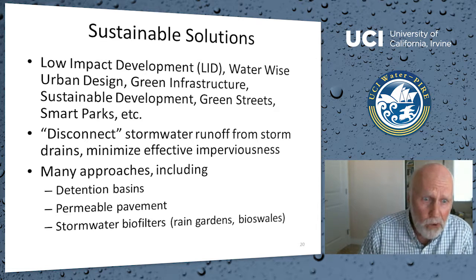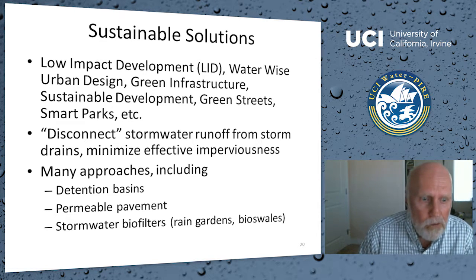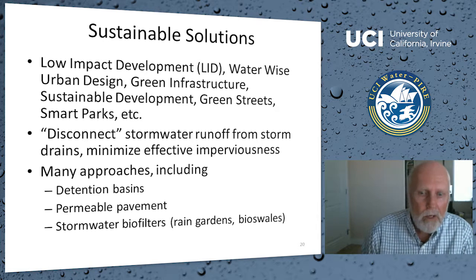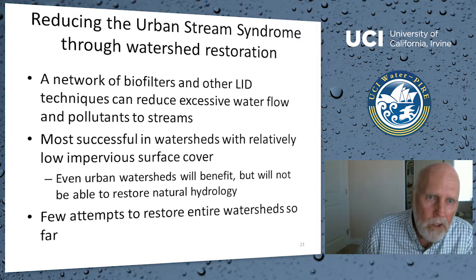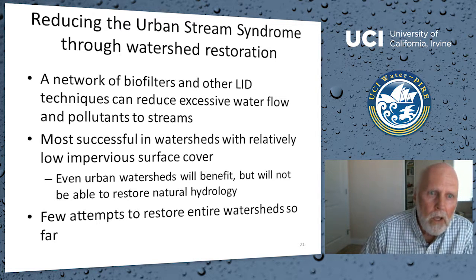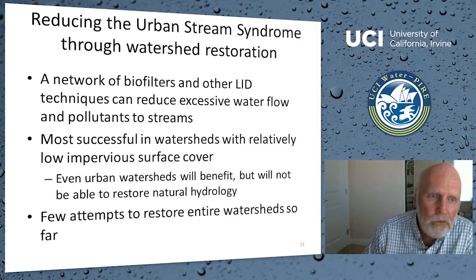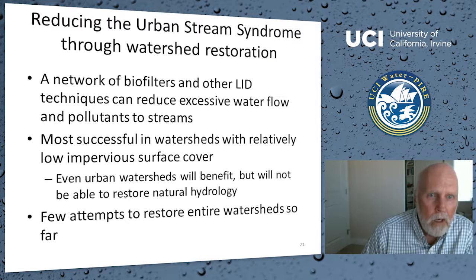So there's many different approaches. We've heard about some of those already, and we'll hear more in the future, but those would include things like stormwater detention basins, or we could use permeable pavement, or stormwater biofilters like rain gardens and bioswales. And then Tim just talked about the Little Stringy Bark Creek project, and this is ultimately really the direction that we should be aiming for.